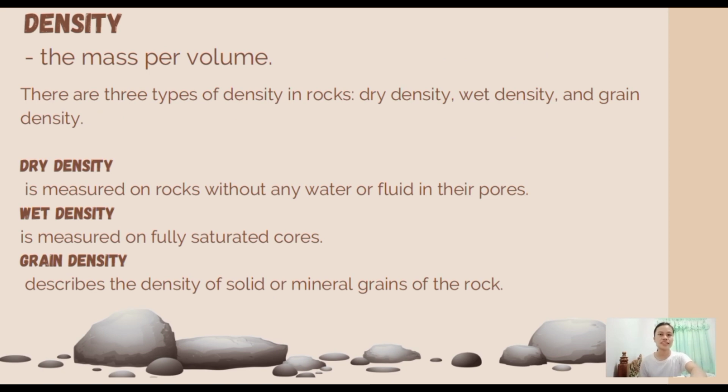So, the next one is density. Density, kapag define natin siya, it is the mass per volume. And there are 3 types of density in rocks, namely the dry density, the wet density, and the grain density. So, density is very important for us because it allows us to determine which object or which substance or rock will sink or float in the water.